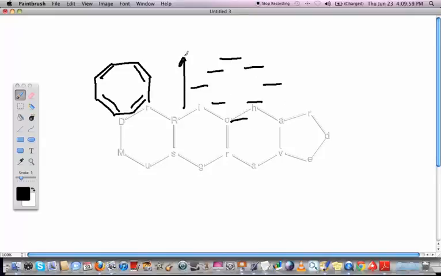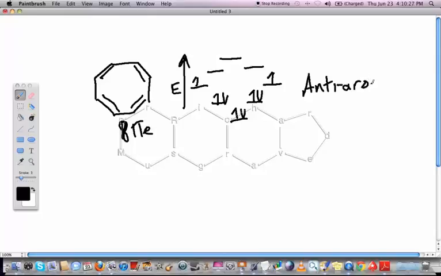And we've got 8 pi electrons in here. And we stick them in. We've got 1, 2, 3, 4, 5, 6, 7, 8. So now we've got those 2 unpaired electrons again, those pesky unpaired electrons. So we know that this is anti-aromatic. And which is very bad.